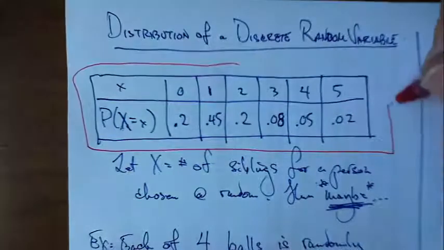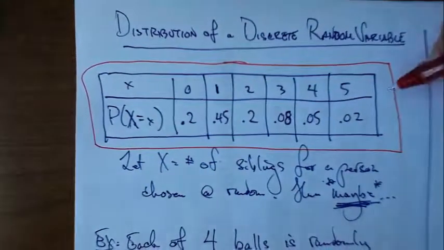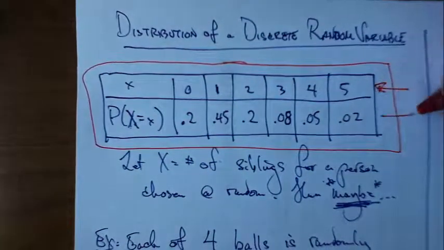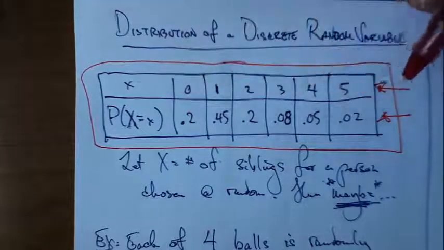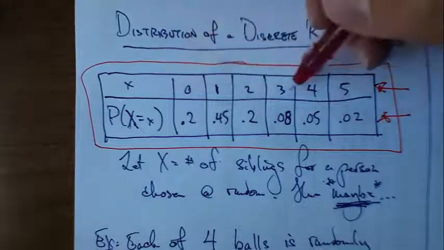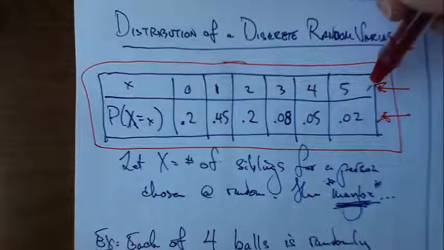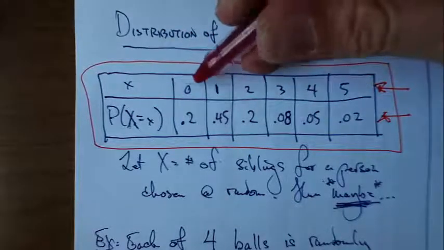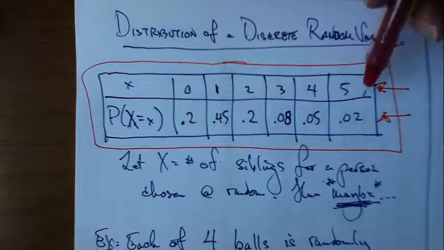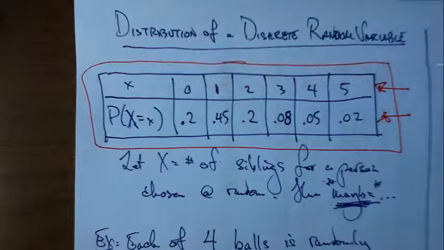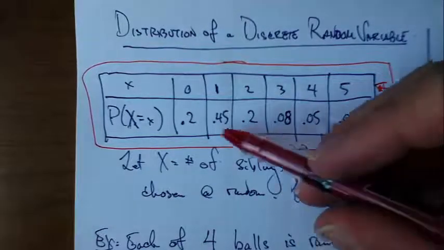This is the distribution. A distribution is two things. One, it's a listing of all the possible values that variable can take on. You could write it as a set, or an interval, whatever. And two, a list of all the probabilities that variable can take on.